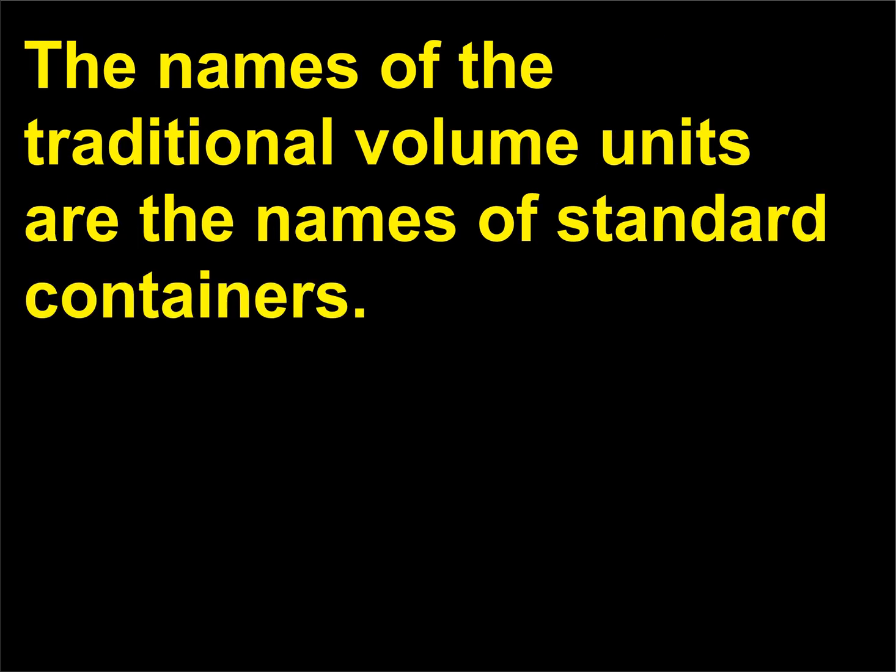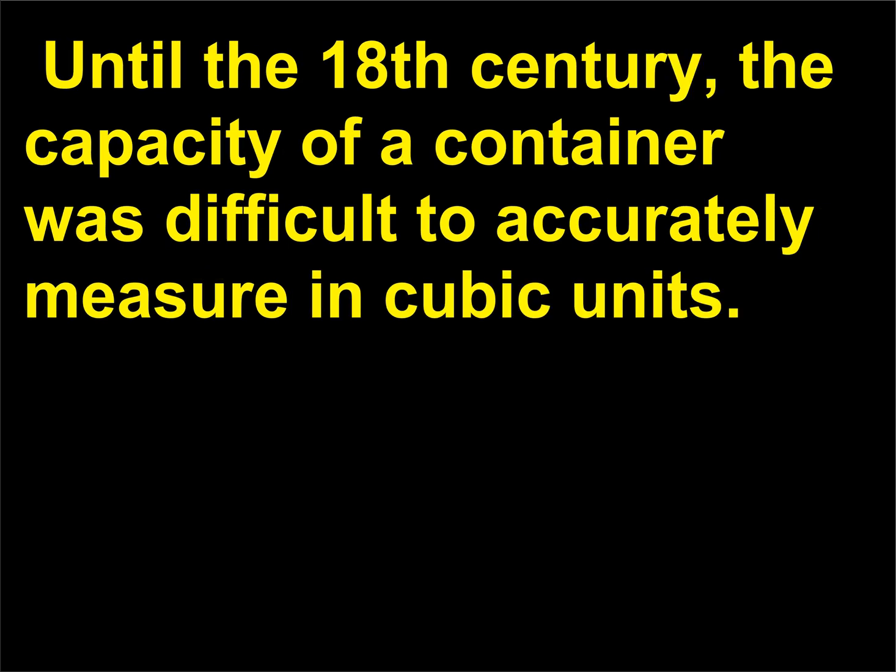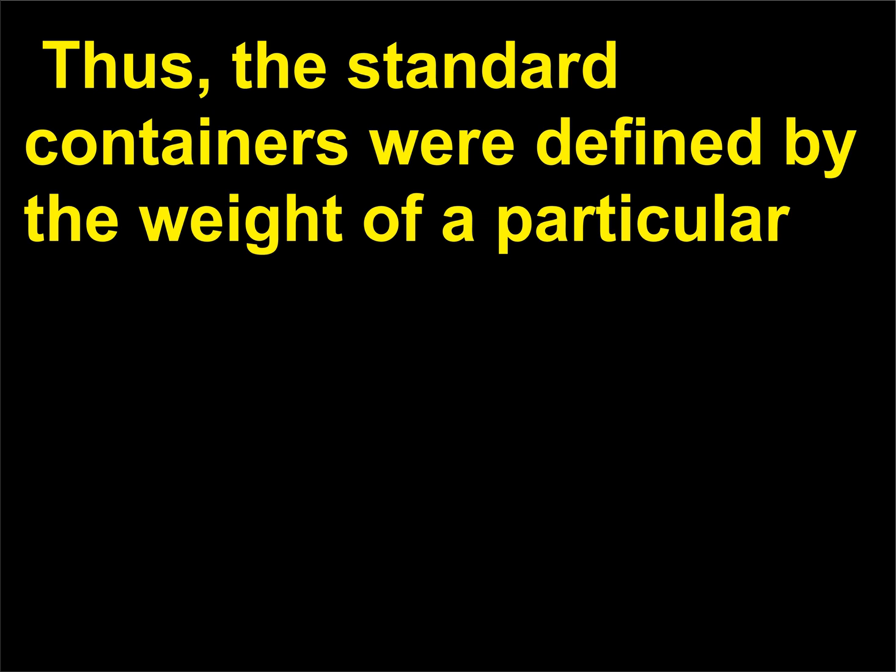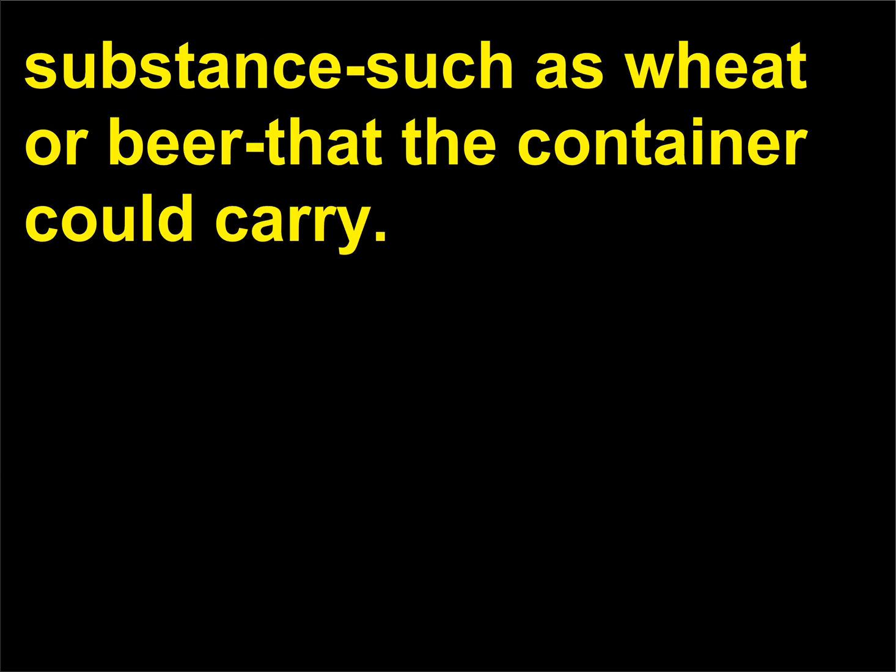The names of the traditional volume units are the names of standard containers. Until the 18th century, the capacity of a container was difficult to accurately measure in cubic units. Thus, the standard containers were defined by the weight of a particular substance such as wheat or beer that the container could carry.